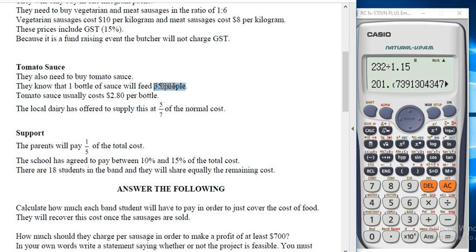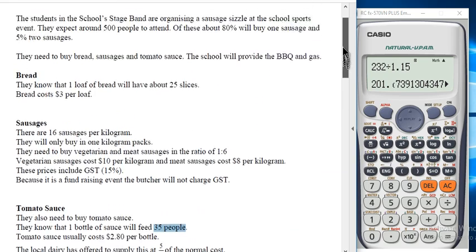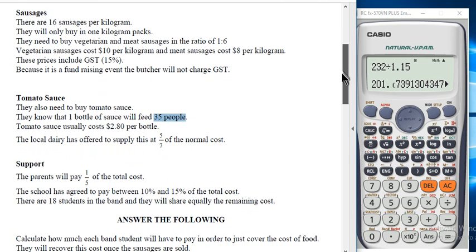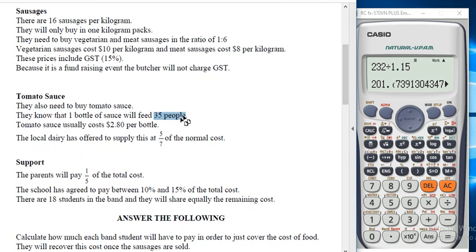35 people. Now guess what, this actually brings us to a little bit of a problem with the person who designed this question. There's a little bit of a fault here. I think what they really mean is 35 sausages. It's not going to make a huge amount of difference, but technically speaking it's a little bit confusing when we talk about people, because remember, some of the people were buying 2 sausages.